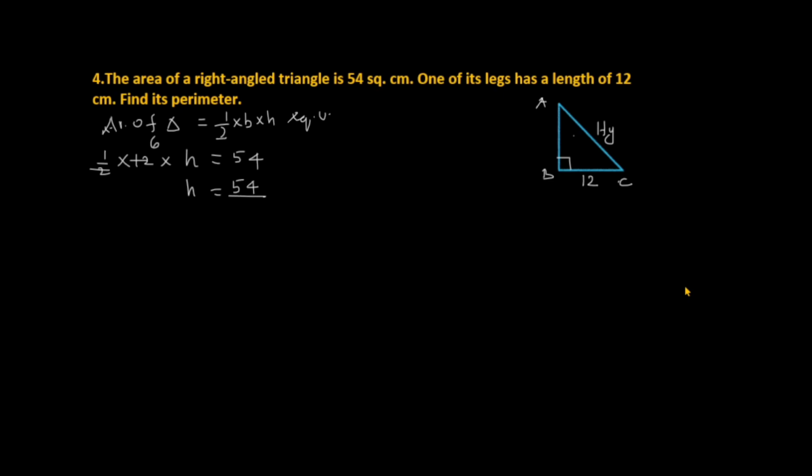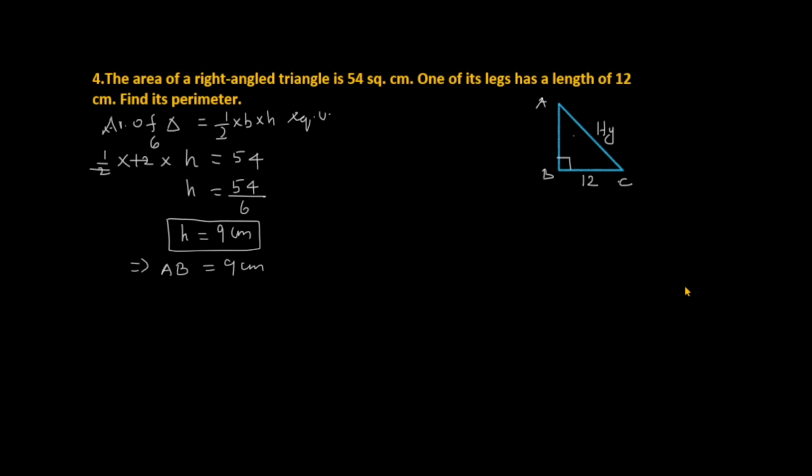So h is equal to 54 by 6. So 9 centimeter. Height of the triangle is 9 centimeter. Height of the triangle is AB. So that implies side length of AB is 9 centimeter. Another leg measure is 9 centimeter.